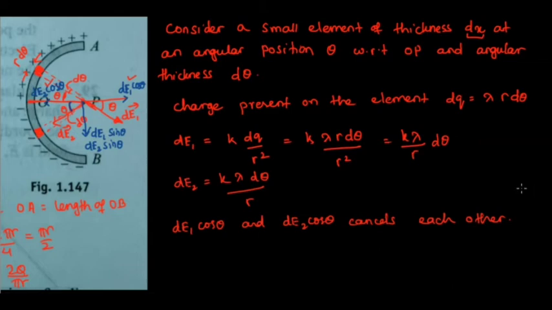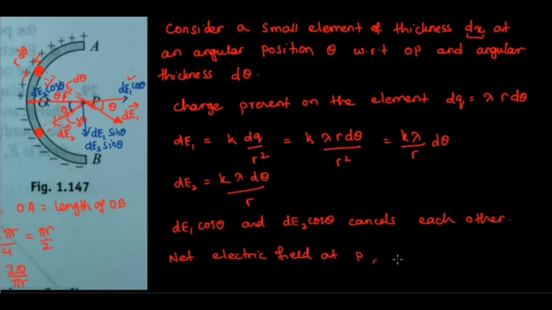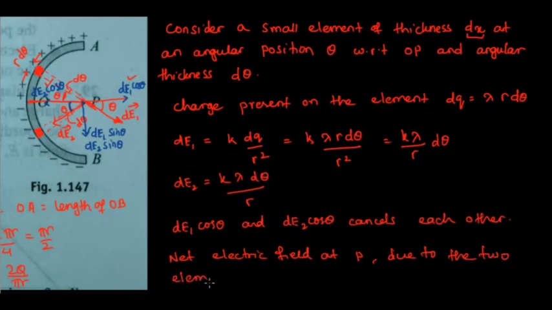So I have taken elements from both the halves of the semicircle. So the net electric field at P due to the two elements will be how much? dE is equal to dE1 sin theta plus dE2 sin theta.